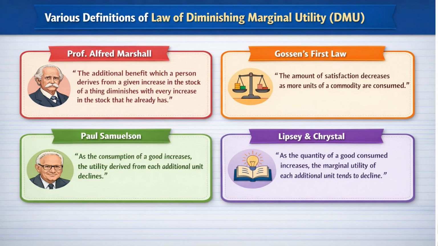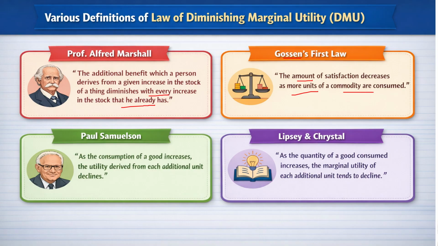Various definitions of the law of diminishing marginal utility have been given by different economists. First, Alfred Marshall says that the additional benefit which a person derives from a given increase in the stock of a thing diminishes with every increase in the stock he already has. Gossen's first law says that the amount of satisfaction decreases as more units of a commodity are consumed.